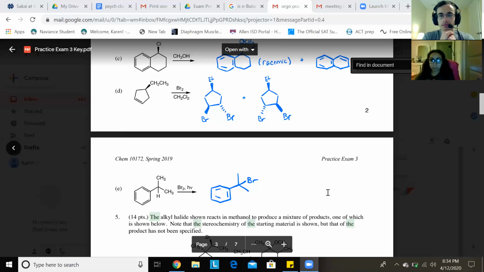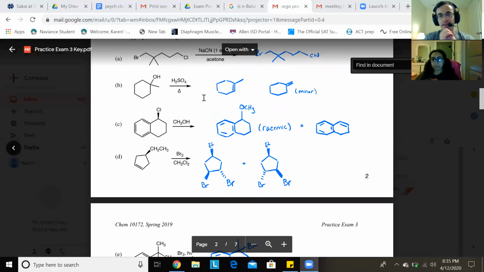So, but this one was not a... so you're saying why was D a standard addition mechanism as opposed to a radical? The answer to that question is because this is a good base, or I mean acid, sorry.